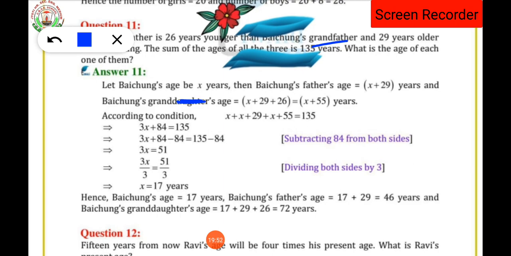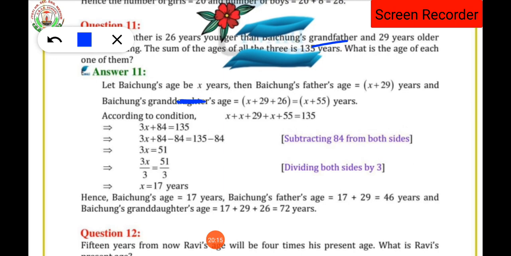Clear everyone? So let Baichung's age be x years, then Baichung's father's age will be x plus 29 years, and Baichung's grandfather's age will be x plus 29 plus 26. Why 29 plus 26? Because Baichung's father is 26 years younger than Baichung's grandfather and 29 years older than Baichung.